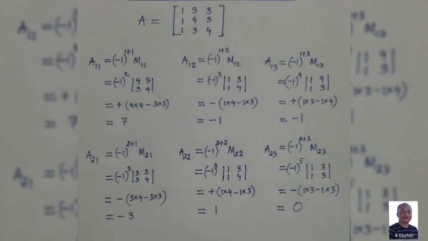You do the same thing to find the cofactors of the entries in the second row first column and second row second column in the same way. And I would like you to try to find the others in the third row.